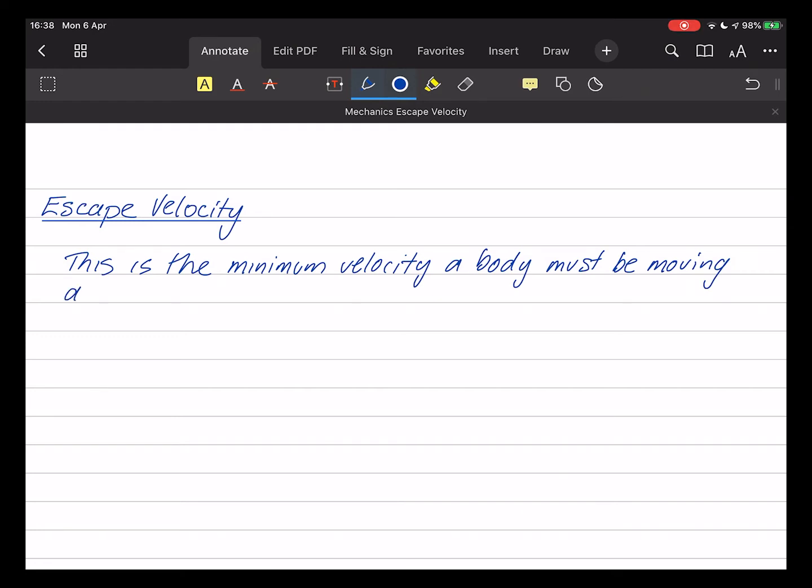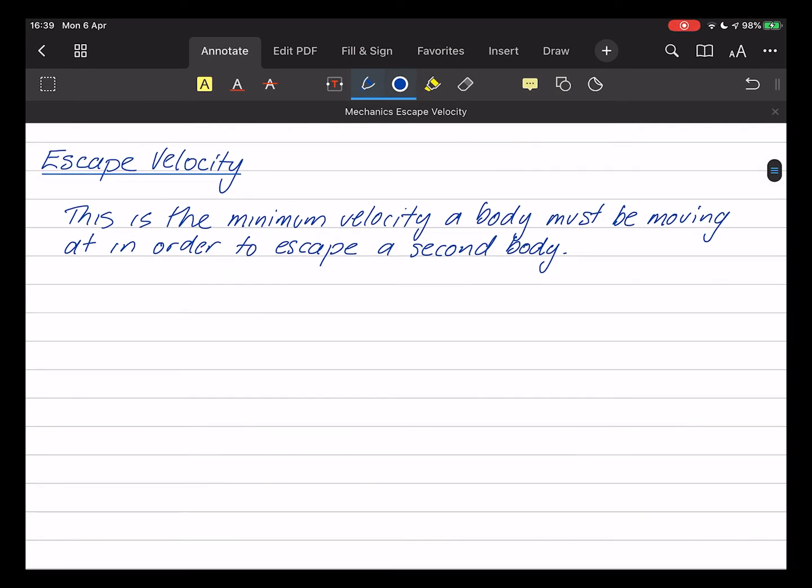Not the most eloquent sentence. This is the minimum velocity a body must be moving at in order to escape a second body.